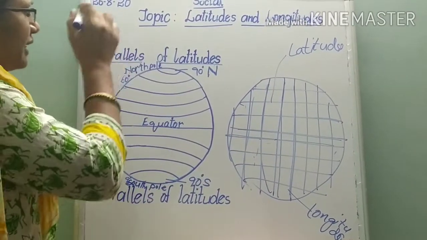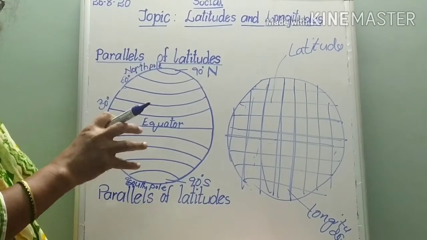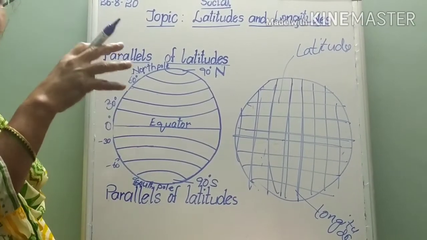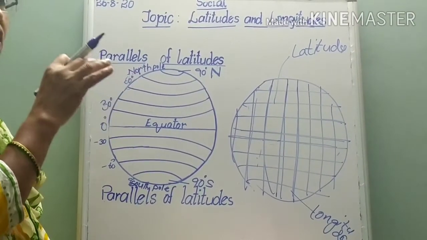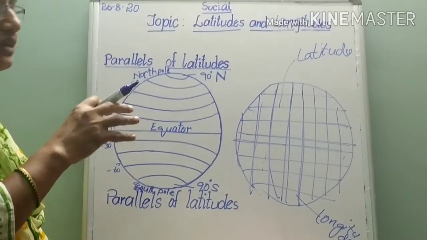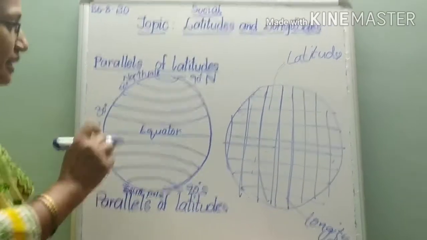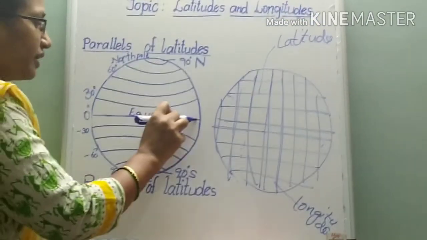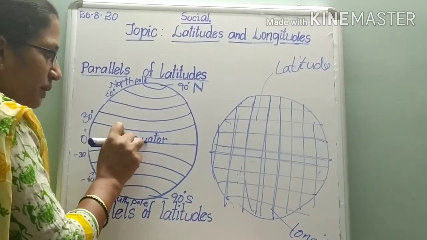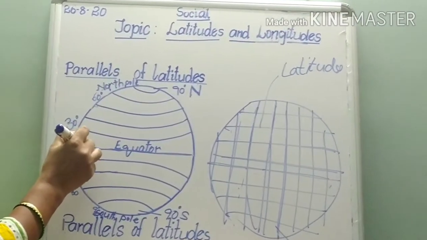Now let us know in detail about the parallels of latitudes. If you observe a globe very keenly, in the middle of the earth a horizontal line passes. That line is called the equator.